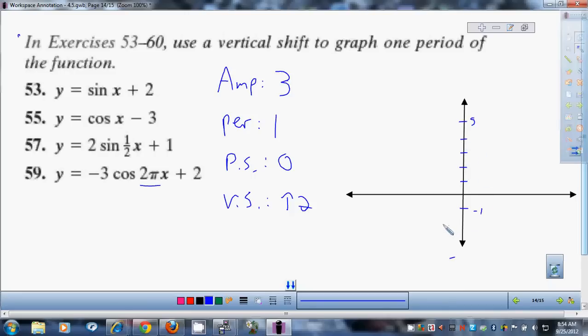Now, cosine at 0 normally starts at what value? 1. Very good. But we're shifting up 2, so now it's going to start at 3. Very good. How long is it going to take me to make one period? 1. I'm going to make this nice and big so we can see it.